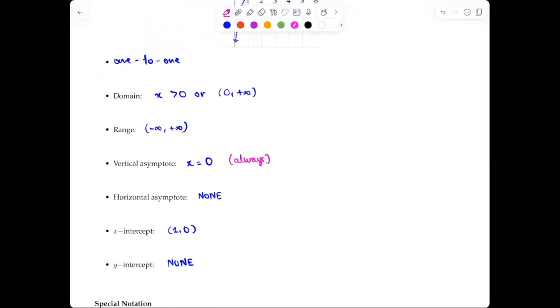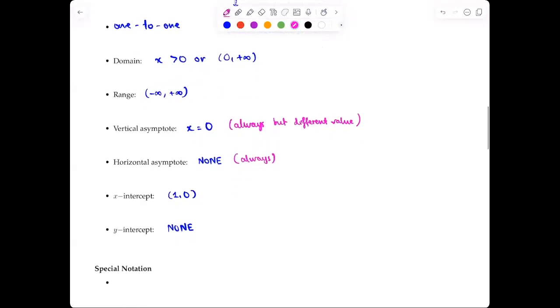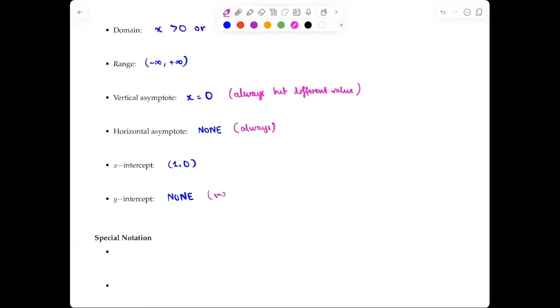Let me be careful: not always the same value. In this case, you may have one or no y-intercept. So it depends on the function under consideration.